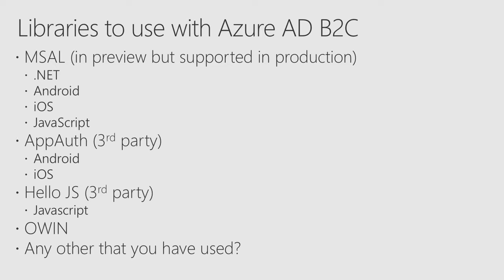MSAL is dedicated for the tasks that you want to solve when you're working with the Microsoft identity services, specifically Azure AD B2C. You can use them for both things. It'll make your life much simpler when you're dealing with only Microsoft services, because they remove a lot of the overhead, a lot of the code that you would otherwise need to implement if you're using a third-party library.